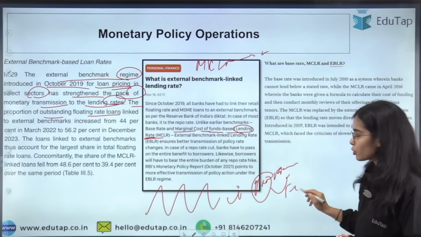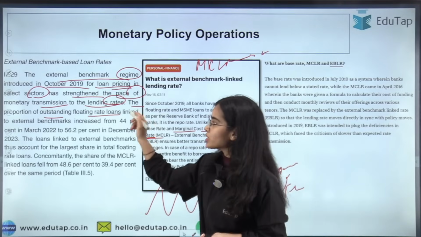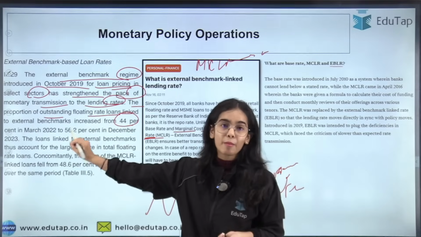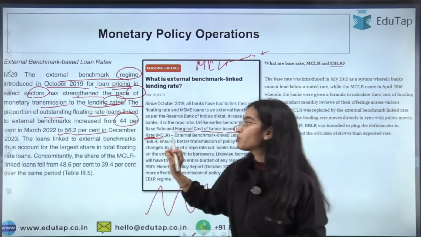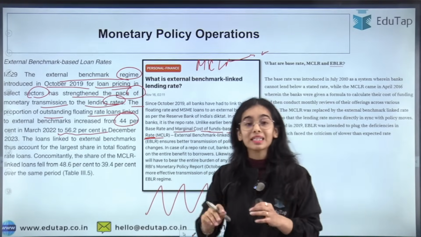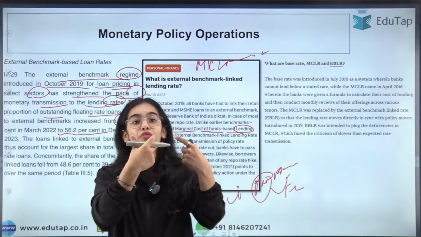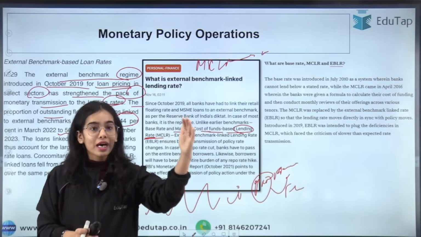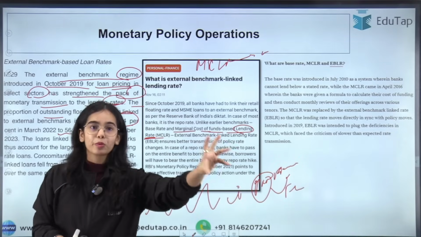It can only change the floating rates. So the floating rate loans linked to the external benchmarks increased from 44% in March 2022 to 56.2% in December 2023. So you can understand that there is more utilization of the EBLR, as well as smoother transmission from the repo rate to the interest rate in the economy.